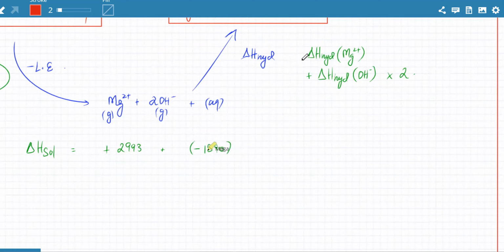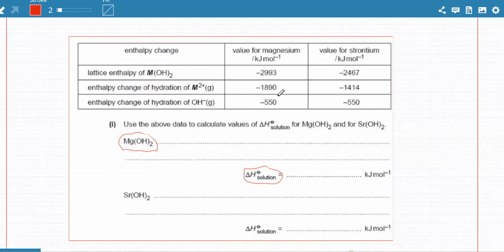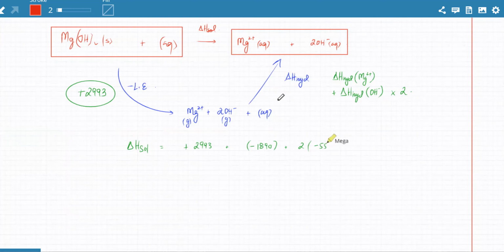And the other is 2 into the hydration of OH ions, and that value is given as minus 550. Okay, so the first column is for magnesium, so minus 550. So we're basically using the same formula, which is the enthalpy of solution is equal to the negative of lattice energy plus the enthalpy change of hydration. So it's the same formula, except that you have to be careful about moles.